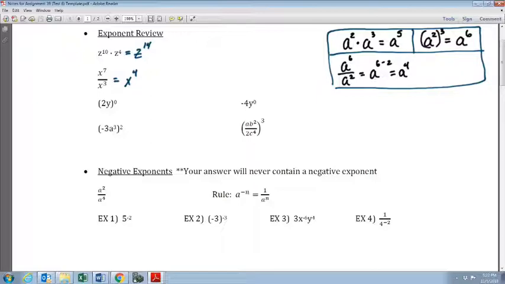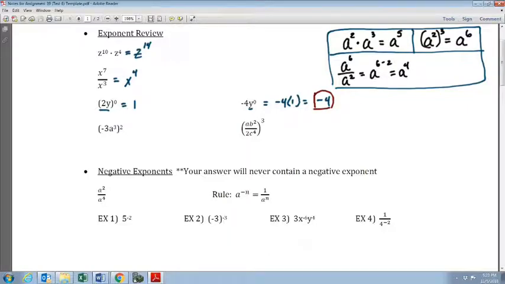So if we have 2y to the 0 power, notice my base is everything inside the parentheses, and any base to the 0 power is 1. For negative 4 times y to the 0 power, notice this time your base is only the y because there's no parentheses here. So this is negative 4 times y to the 0 power, but y to the 0 power is 1, so this becomes negative 4 times 1, which is negative 4.